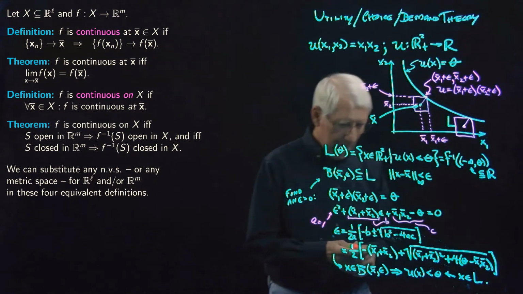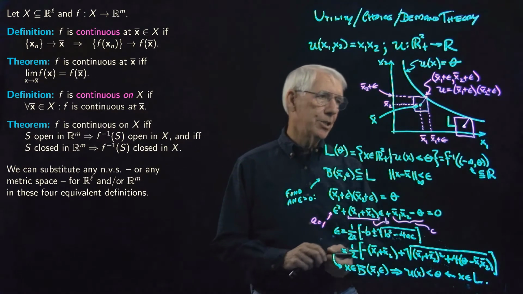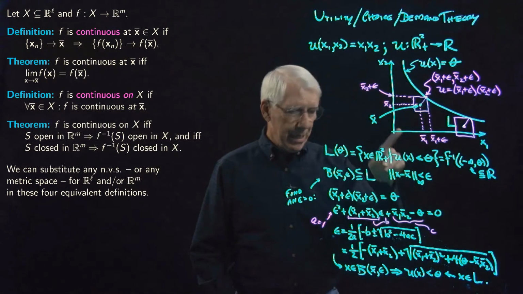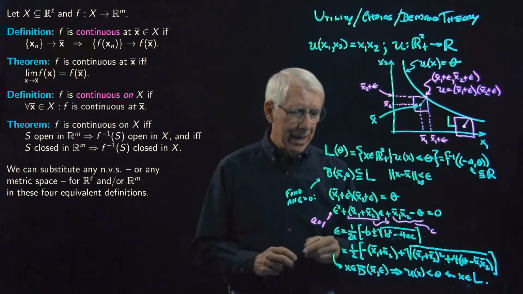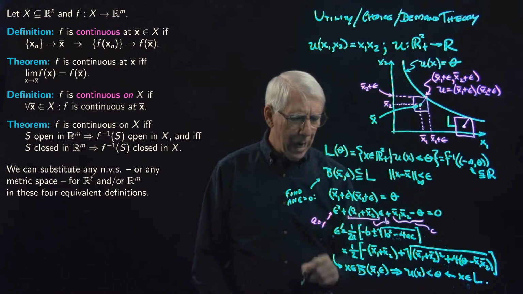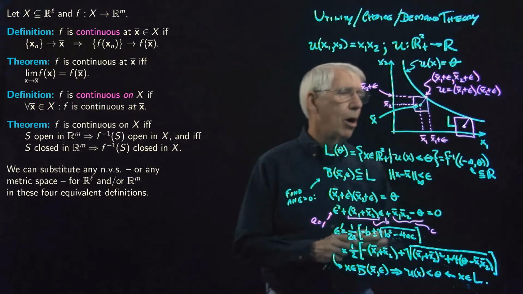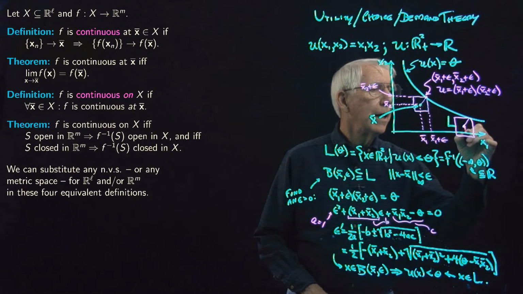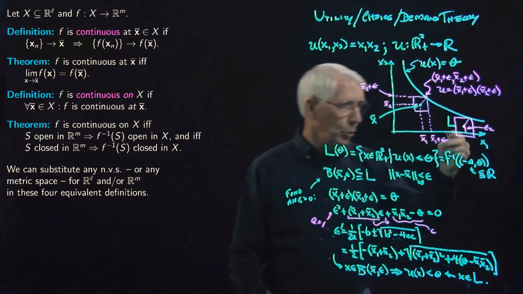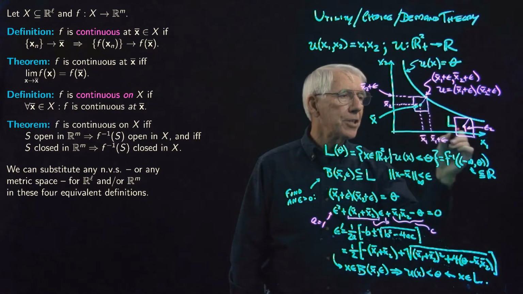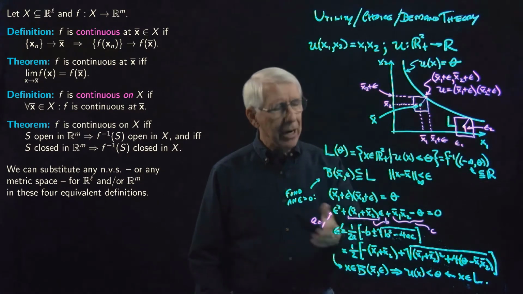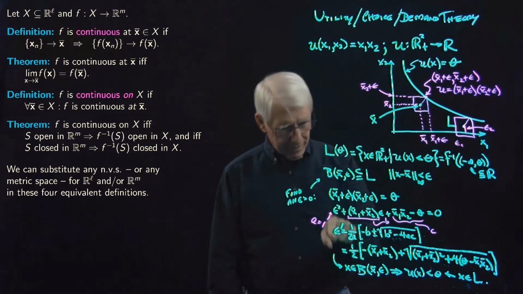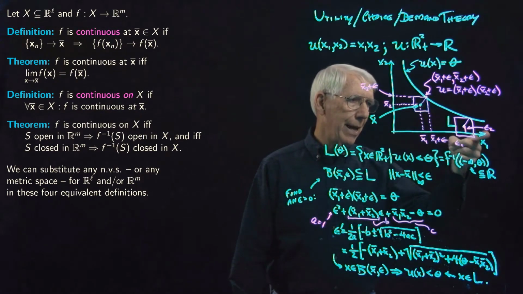But of course you can see that's easily fixed, because instead of taking this as epsilon, let's call this epsilon prime, and then let's call this distance here epsilon 2, that's how high it is, and the distance across here, call that epsilon 1, and then take our epsilon to be the minimum of this and this and this.